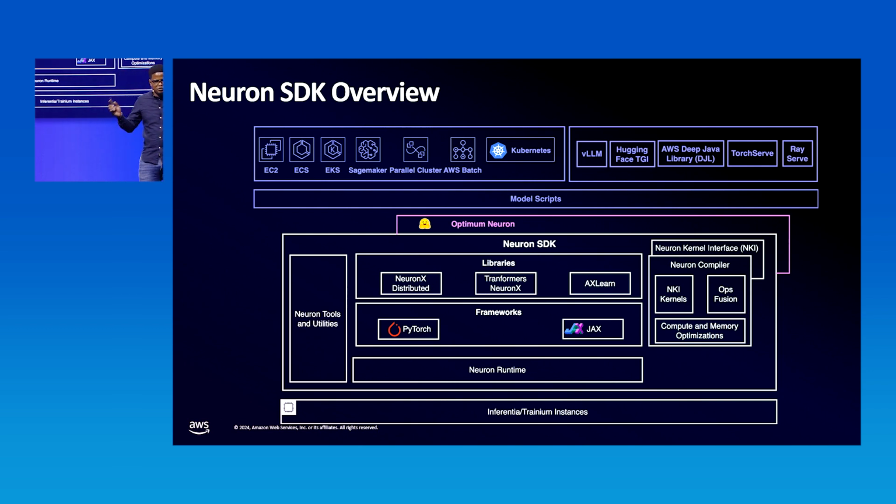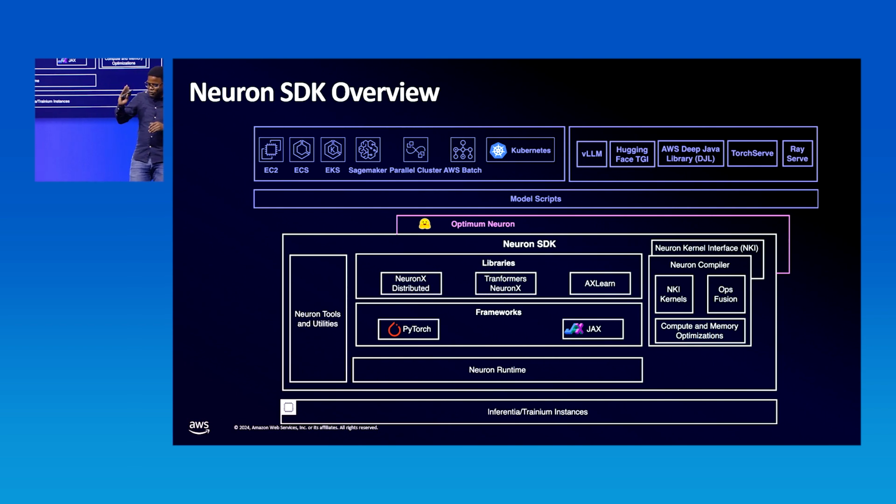It is a robust software stack, so let's break it down. At the foundation level, we have the AWS Inferentia and Trainium, which are our accelerators, and these are powered by the Neuron devices, which is the compute unit running within the accelerators. The Neuron runtime sits on top of this, and it manages the execution on these Neuron devices.